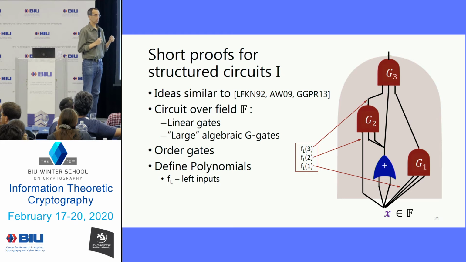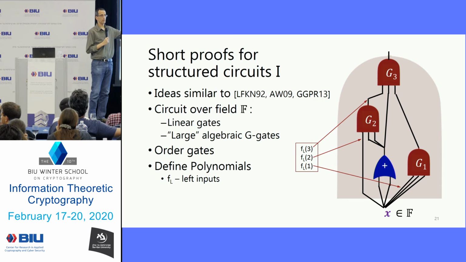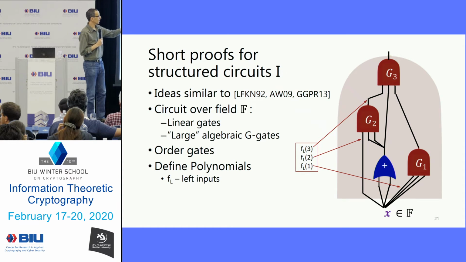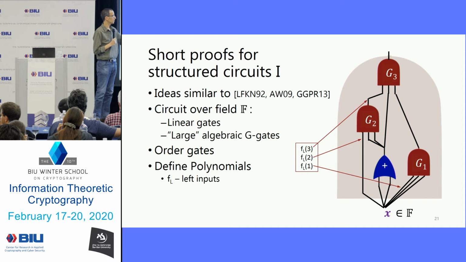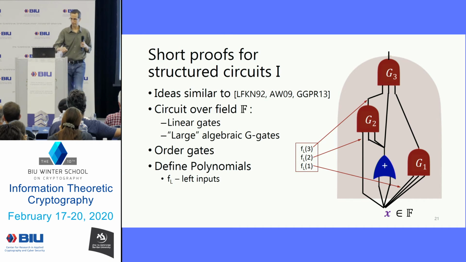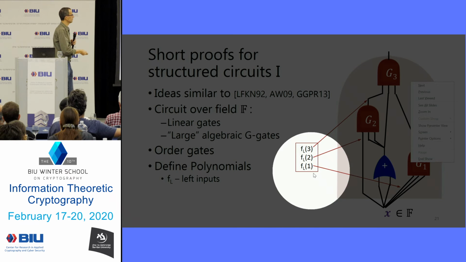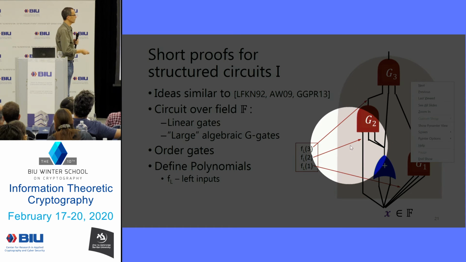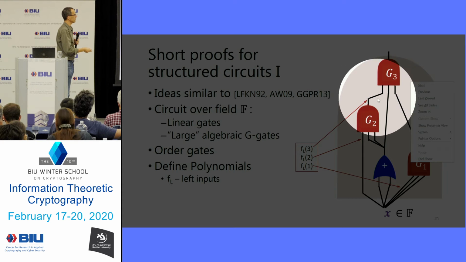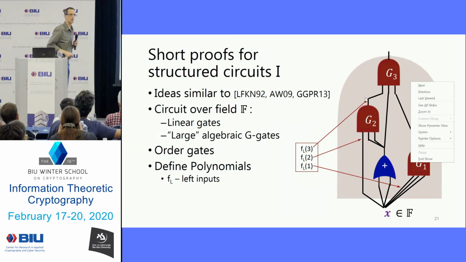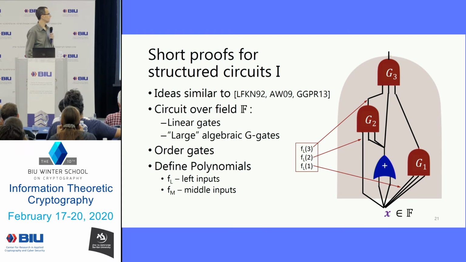The way I'm going to define the polynomial is that its value at point 1, this is G1, is going to be the value of the left wire. And its value at point 2, G2, is going to be over here, this wire. And its value at point 3 is going to be this wire. Great. So that's the first polynomial. Here's the second one, Fn, all the middle inputs.